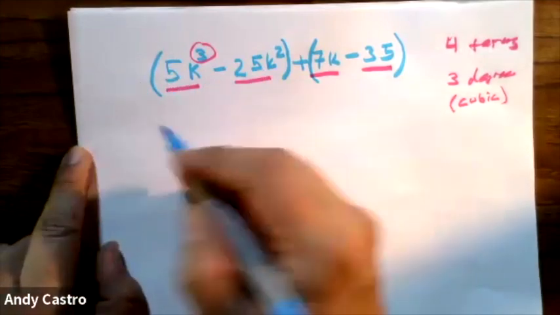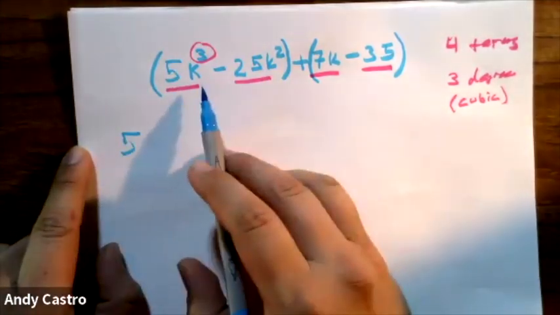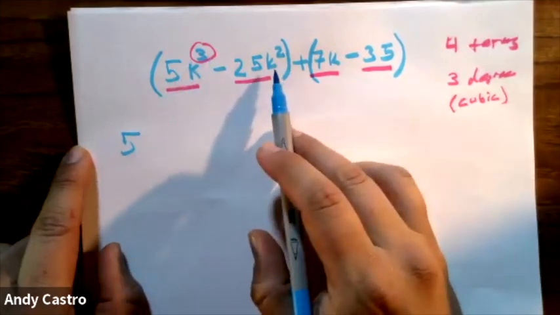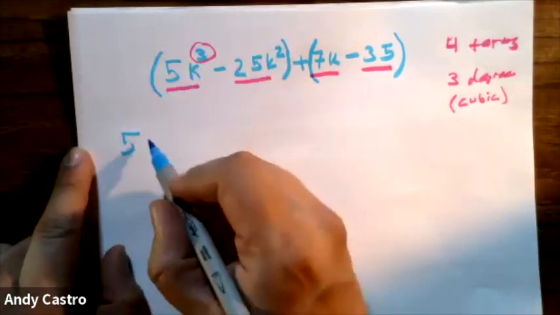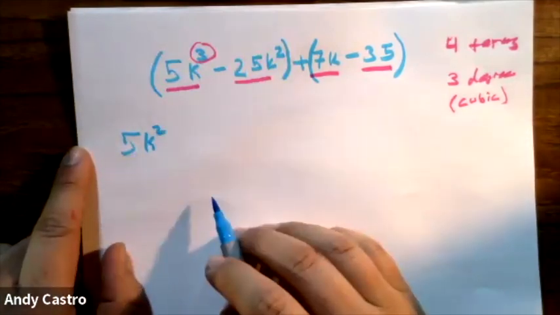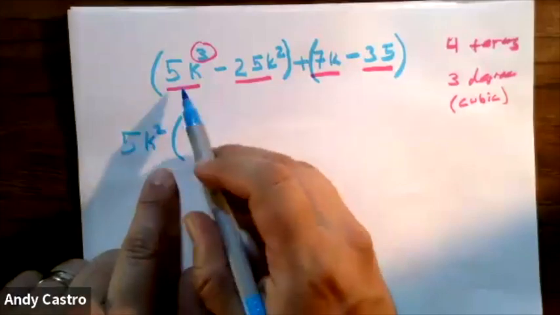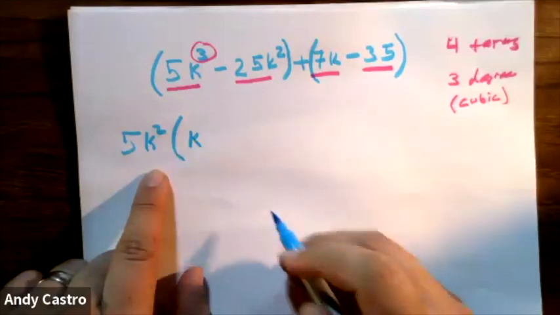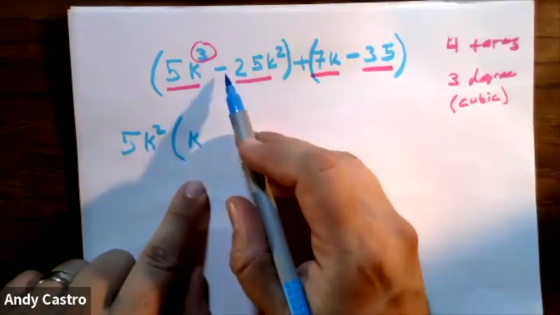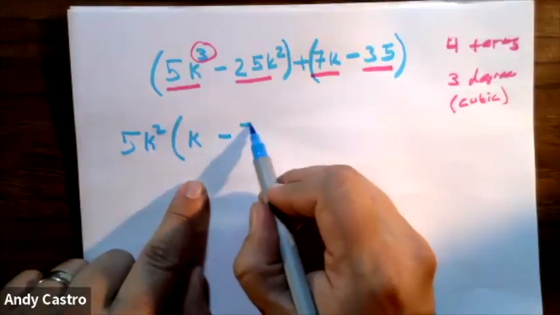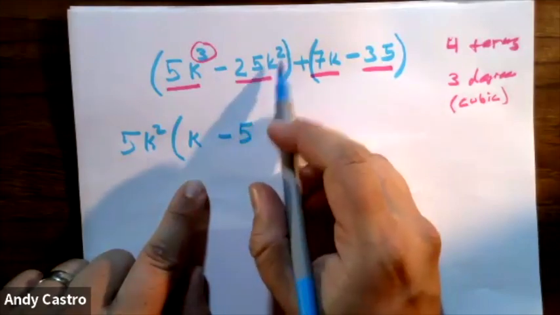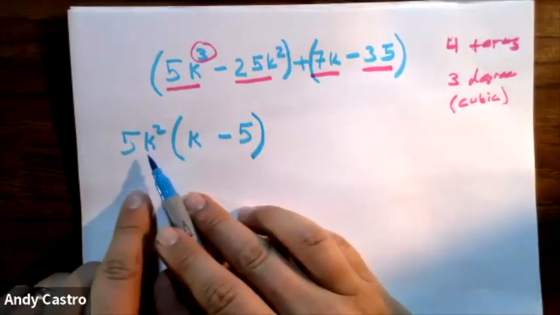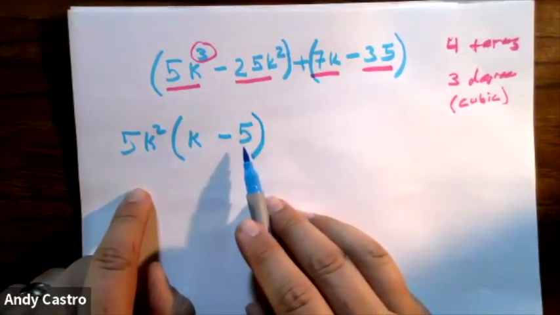So I can take out a 5. And for my variables, I have a k to the cubed and a k squared. So I could take out k squared. If I take out the 5 and k squared, I'm just left with a k. And here, if I take out a 5, I'm left with a negative 5. And if I take out a k squared, then I have no k. So that gives 5k squared times k minus 5.